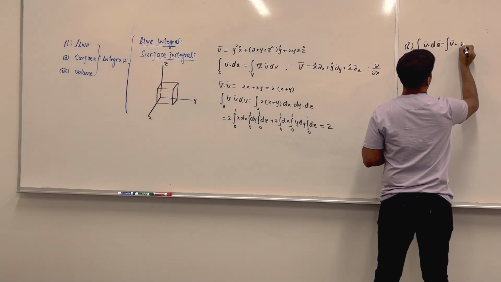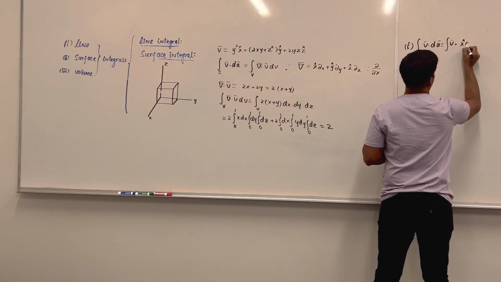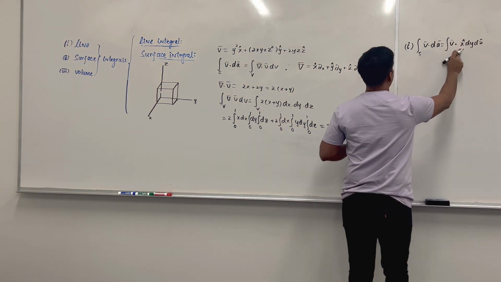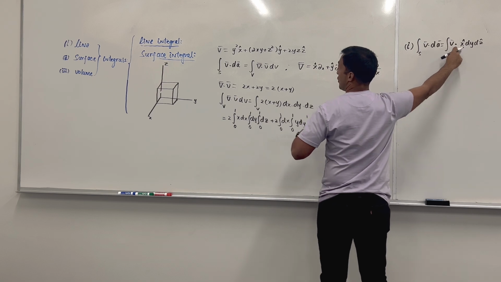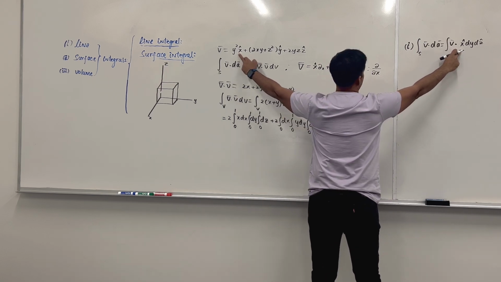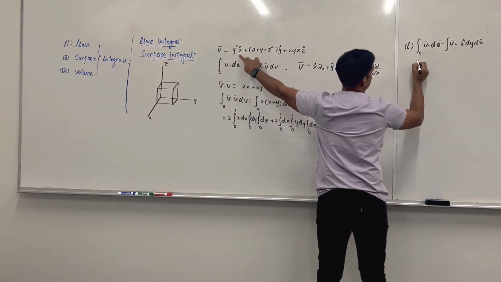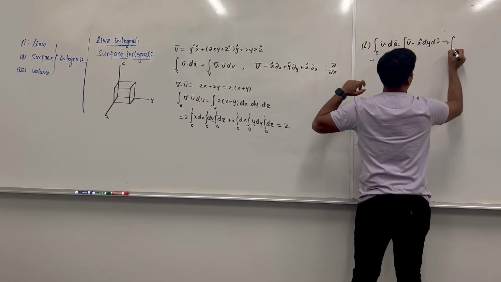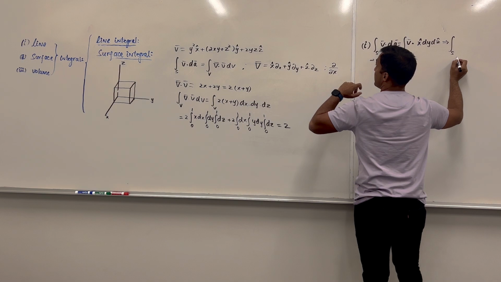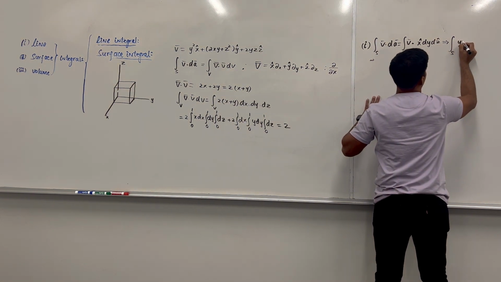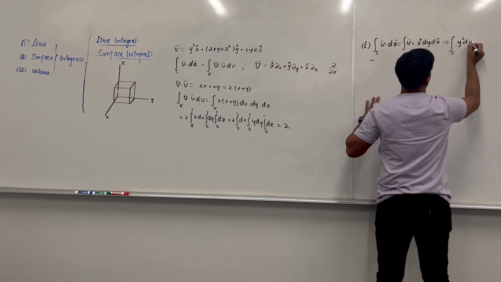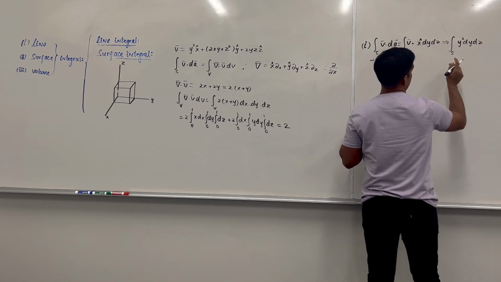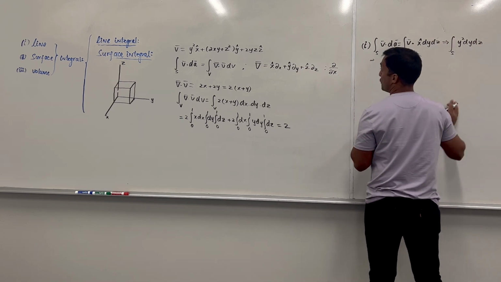And dA will be the x unit vector for the first surface, dy dz. This x unit vector, since it's being dotted with v, means only this term survives. So this becomes the surface integral of y squared dy dz. And this is just an integral.